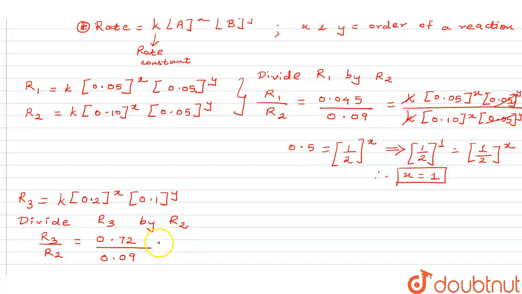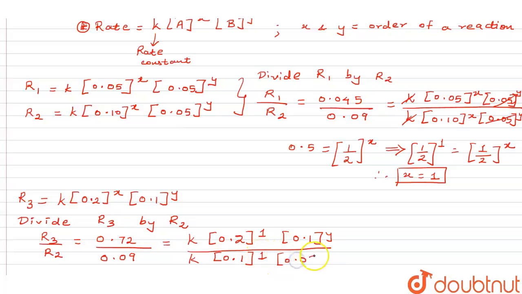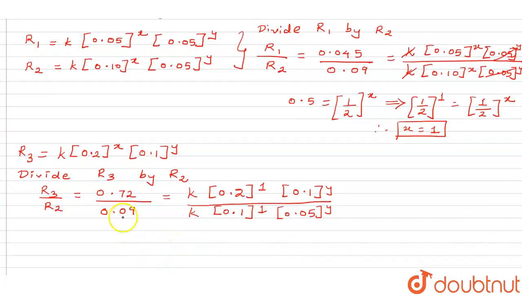This is your left hand side. The right hand side is going to be as follows. K into 0.2 raised to 1 into 0.1 raised to Y, upon K into, from R2 we would be having 0.10, raised to 1, into 0.05 raised to Y. Now what next?